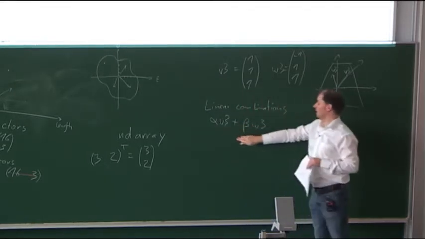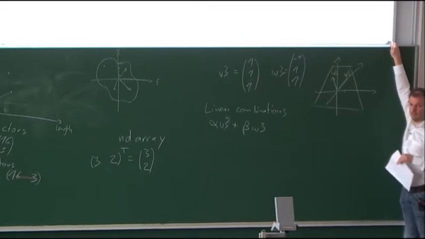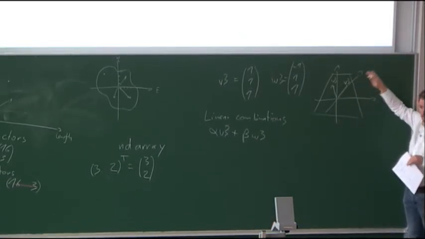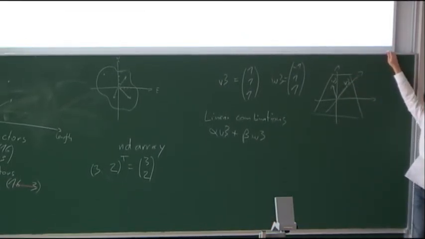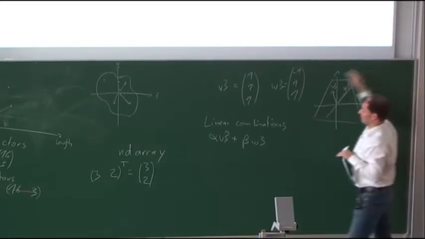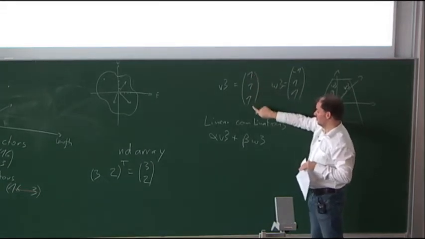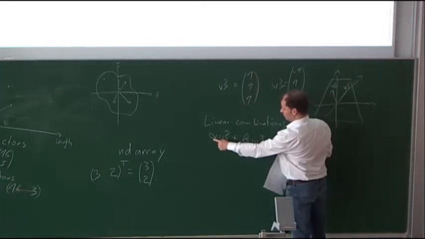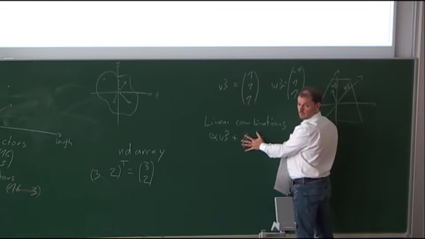So all linear combinations of V3 and W3 in three-dimensional space, which points do they go through? Yeah, exactly. Hopefully they go through V3, because if I take alpha to be 1 and beta to be 0, then it will be V3.